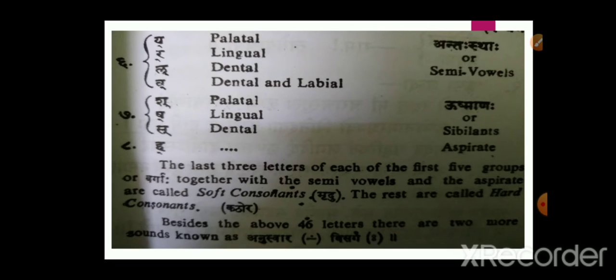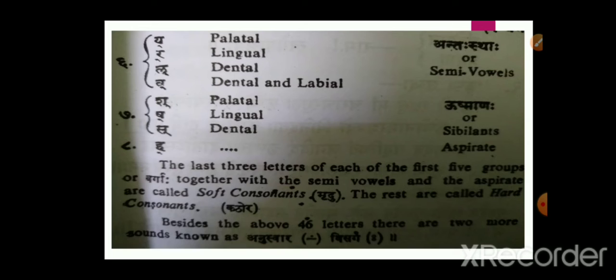And along with this, what else is the soft consonant? The semi-vowels. What are the semi-vowels which I have discussed? Ya, Ra, La, Va. These four also fall under soft consonants. And along with this, one aspirate.